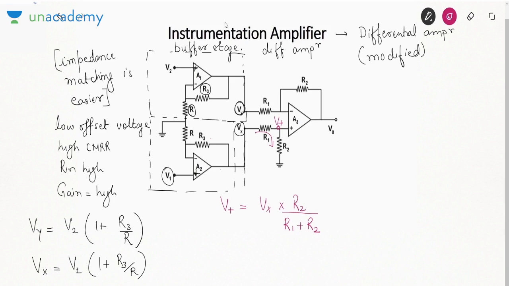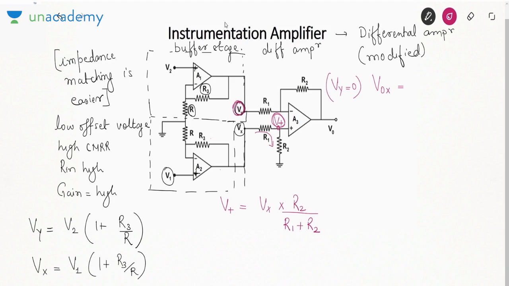Now what you can do is, for the second stage, you can apply superposition. Once you have the positive terminal voltage, you consider that Vy equal to 0. I am applying superposition. I am assuming this source is equal to 0, so I am taking only the second source.